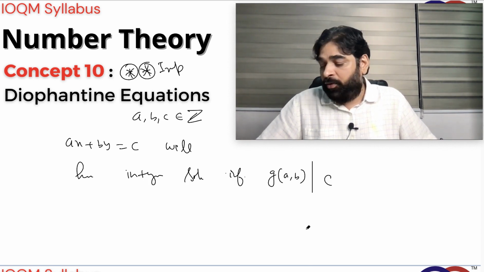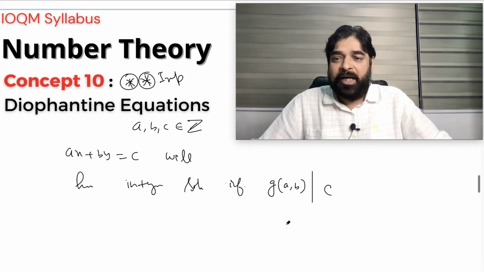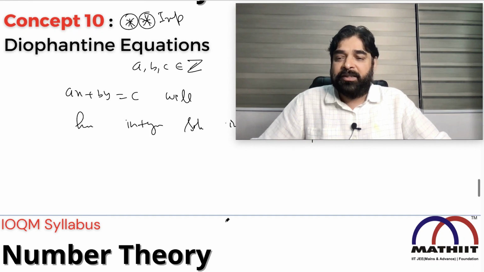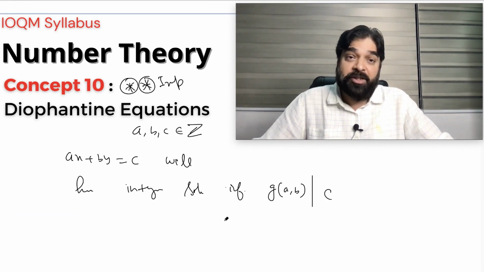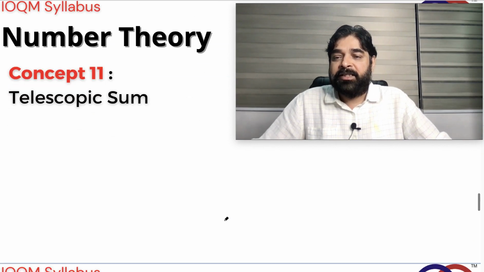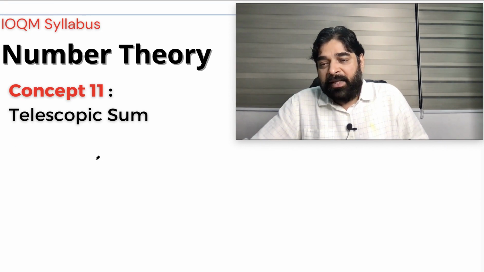Understand my point? Those things we have to study. I will try to make a video on this because it is a very important point. I cannot guarantee whether I can make it before this IOQM, but I will try. Next is telescopic sum. Telescopic sum means what? Difference method.